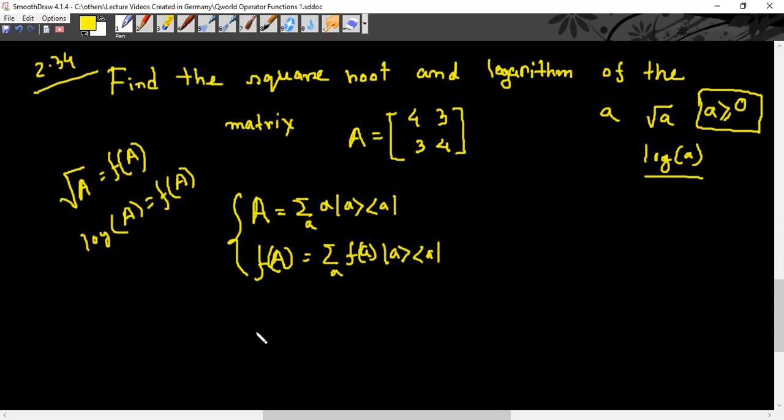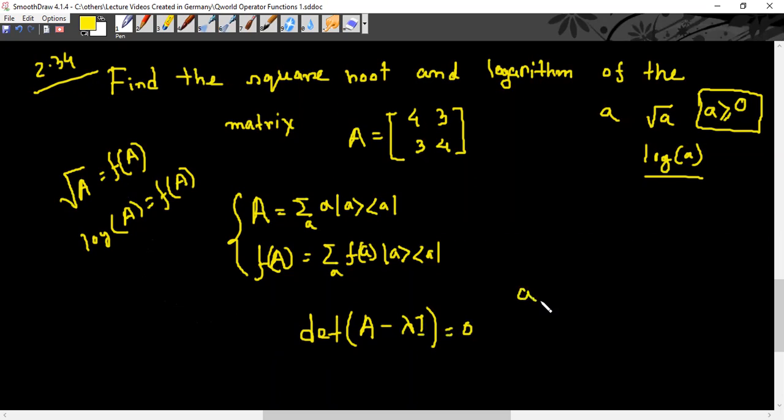So at first we have to calculate the eigenvalues. And how do we calculate the eigenvalue? We use this thing, right? We use this characteristic equation.